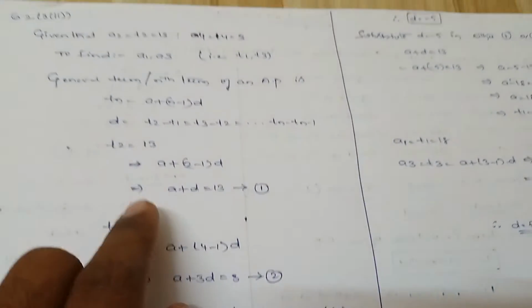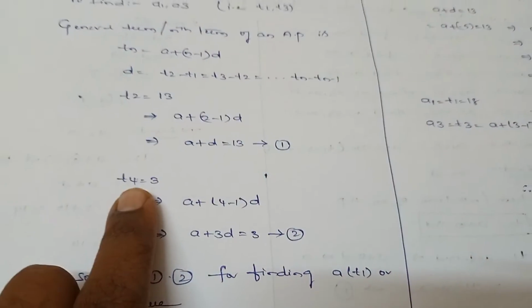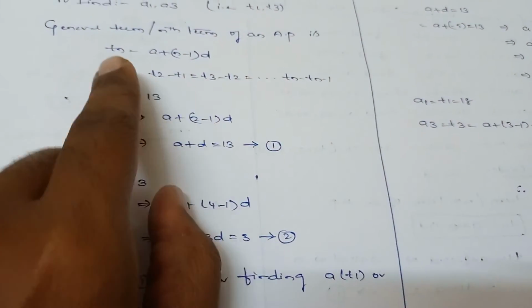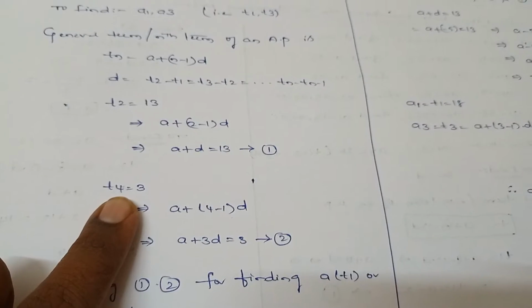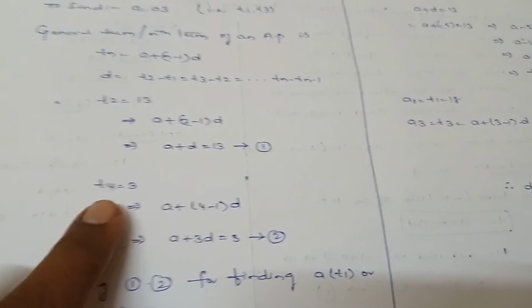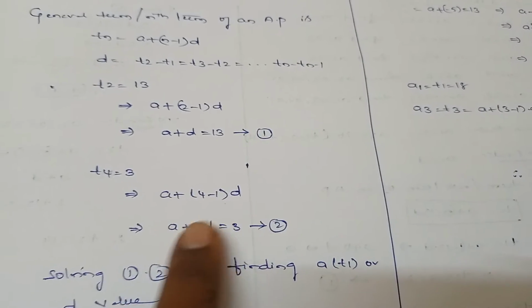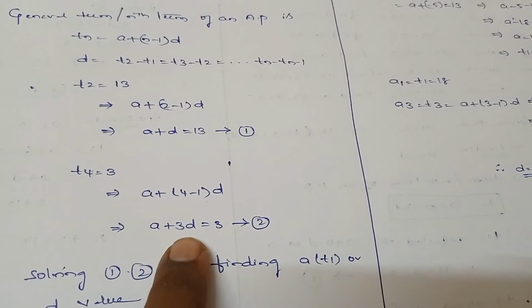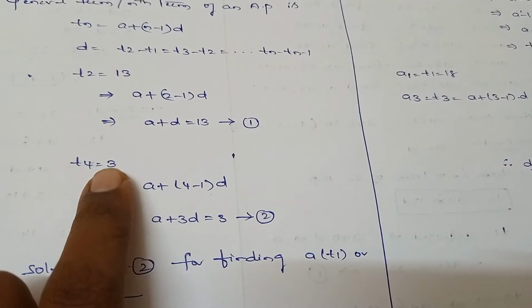Similarly, T4 is given as 3, right? Okay, again substitute in the same formula. Tn equal to A plus n minus 1 into D, right? So Tn, n value is given as 4, A value we don't know, D value also we don't know. Okay, substitute in the formula. A plus 3D because 4 minus 1, 3 into D. And T4 is given as 3.